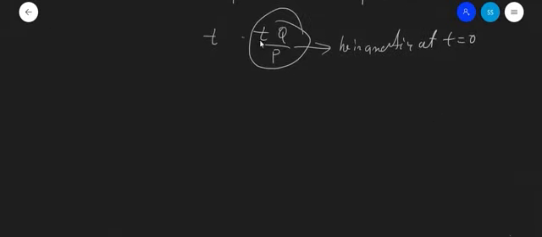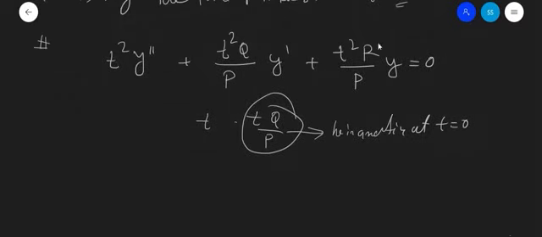So that's why when you consider this guy, it's also analytic at t equals to 0. Fine. So since p has a singular point at 0, multiplying the ratios, the fractions of q and p and r and p with t squared gets rid of the singular point.